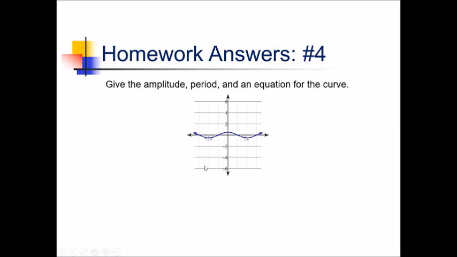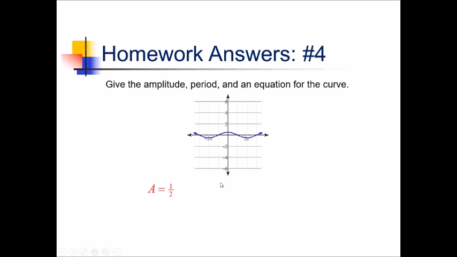For this one, I'm getting the amplitude, period, and an equation for this curve. Let me start by getting my amplitude. It's kind of hard to read it off the graph here, but it looks like we're going a quarter of the way up a grid line, and the grid lines are going by 2's. So I would guess my amplitude is about 1/2.